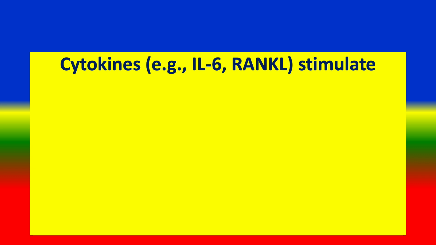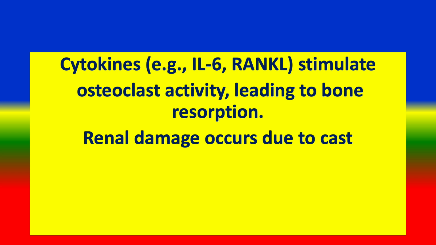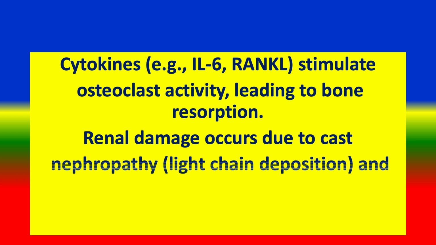Cytokines, for example IL-6 and RANKL, stimulate osteoclast activity, leading to bone resorption. Renal damage occurs due to cast nephropathy, light chain deposition, and hypercalcemia.